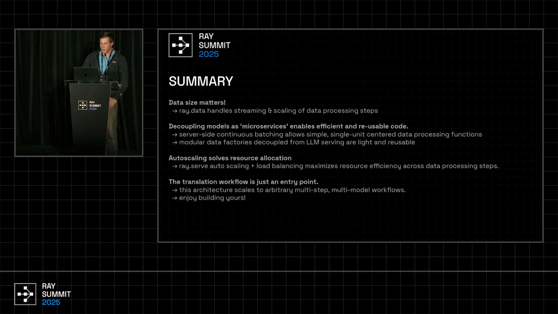We've decoupled the models as their own microservices in a way where we have reusable code that doesn't depend on the model, and we can easily update if there's a new model that we want to use or try a new checkpoint on a new translation model. We can configure that from the config without touching any of the business logic in the actual inference code.